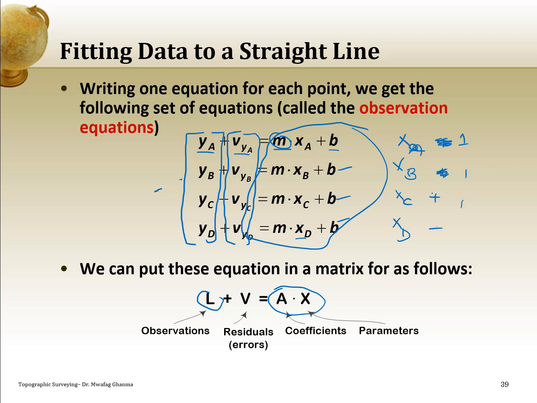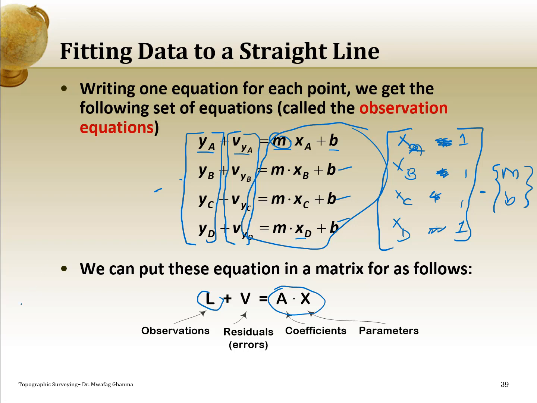Because we are writing it in a matrix format, we have X and 1 in each row. This will be the A matrix, multiplied by M and B, the unknowns vector.